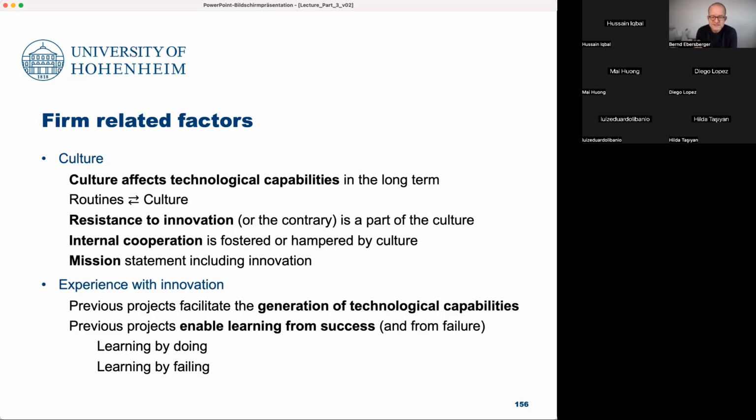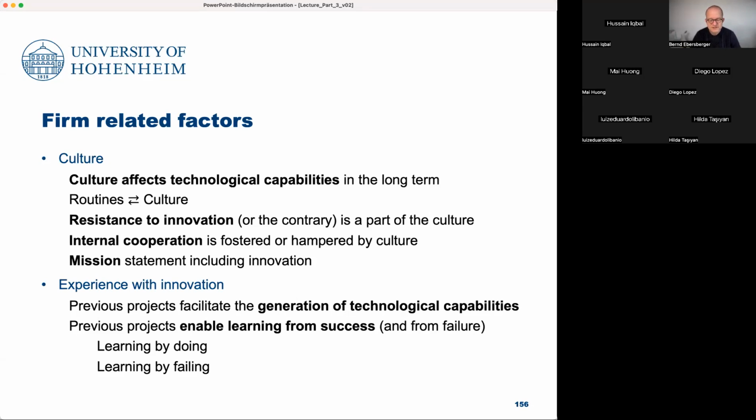The resistance to innovation or the appreciation of innovation is very much a cultural thing. Internal collaboration, somebody already said we need to measure the collaboration, internal, external collaboration, is cultural. And of course, the mission of the organization is culture. So culture is crucial for technological viability.